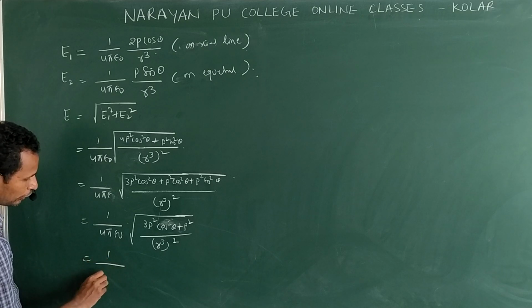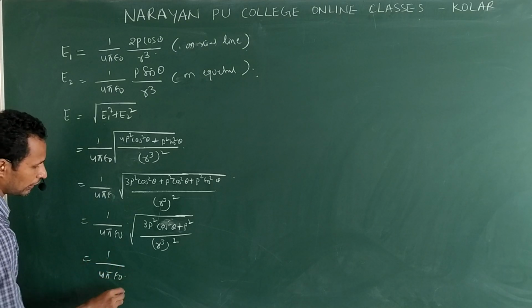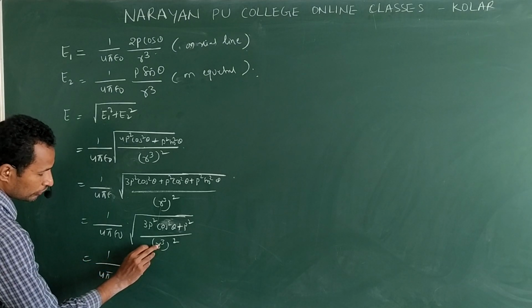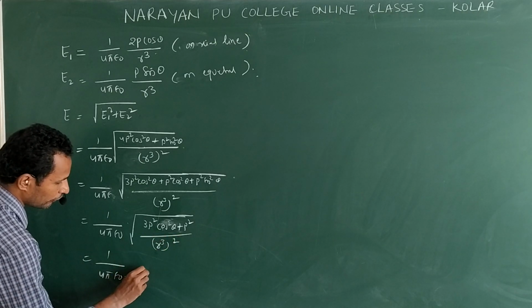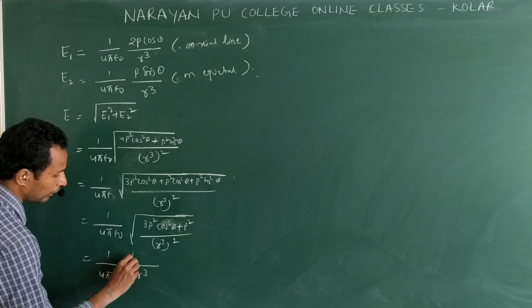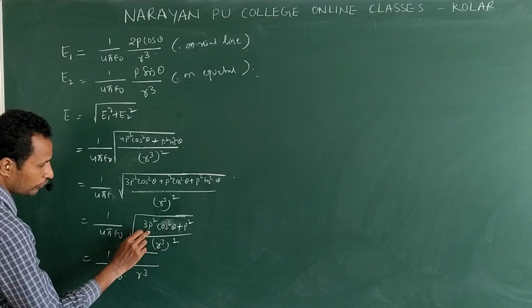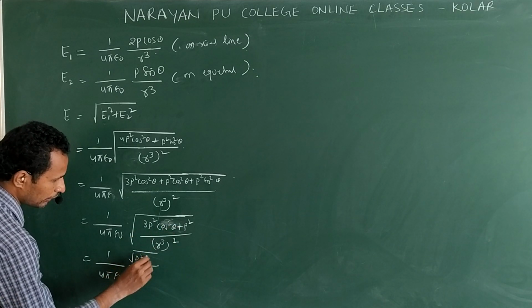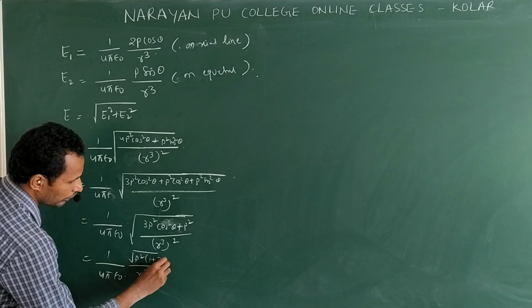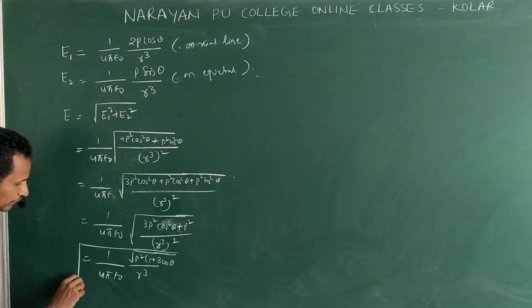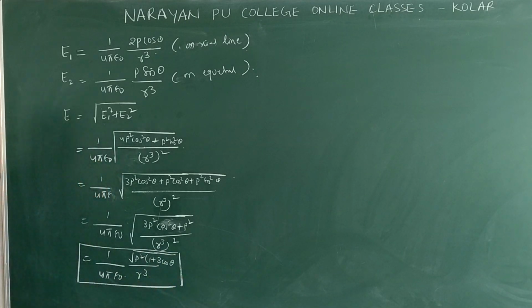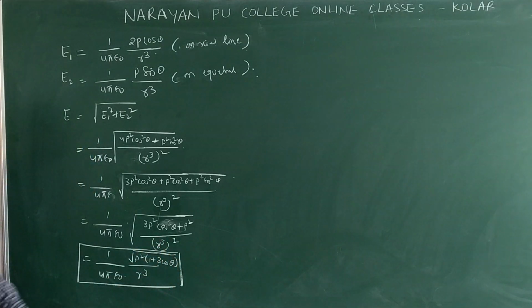Then finally 1 by 4 pi epsilon naught, square root of r cube whole square gone, we will get r cube, and we have the root of p square common, p square 1 plus 3 cos square theta. So this is the general formula for electric field due to a dipole at a given point.